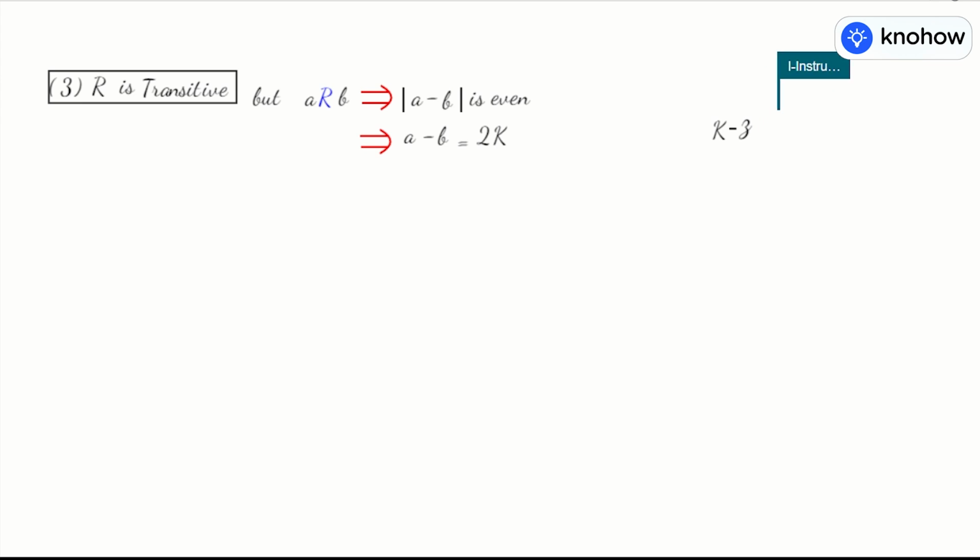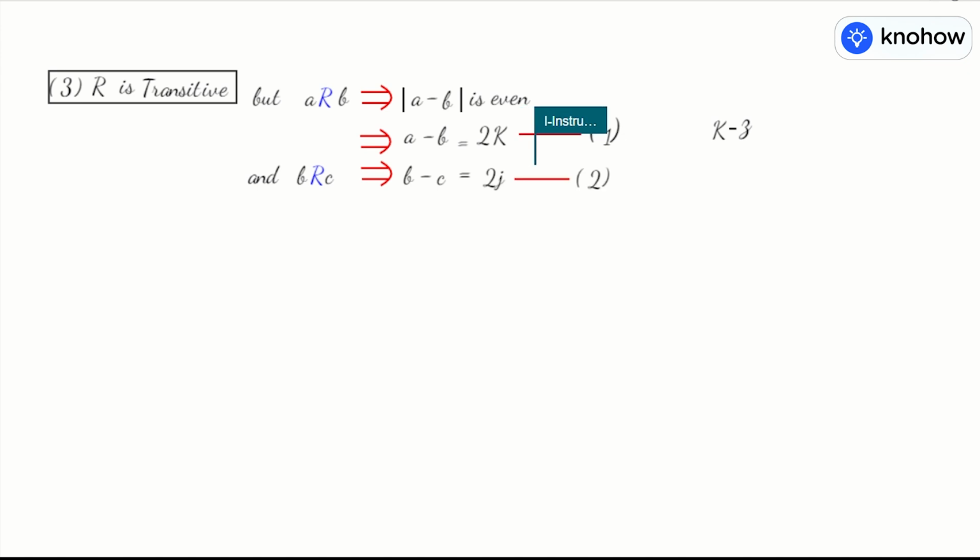Because k can be plus minus 1, 2, 3 kind, even. So if A minus B is 2k, that is one relation. And similarly, because we are checking the transitive property, let A be related to B and let B be related to C. So likewise we can conclude that B minus C is also even, equal to say 2J. Okay. So now what about A minus B plus B minus C equal to 2K plus 2J.